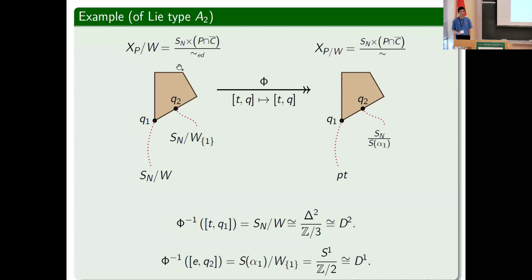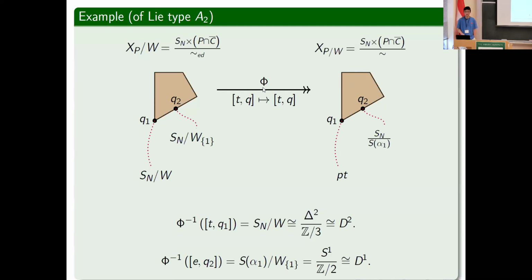And the second picture is the picture description of this variety of the quotient. At Q1, there are two normal vectors. So the torus at Q1 should be Sn mod Sn, which is a point. And at Q2, the normal vector is alpha1. So the torus at Q2 should be Sn mod S alpha1.